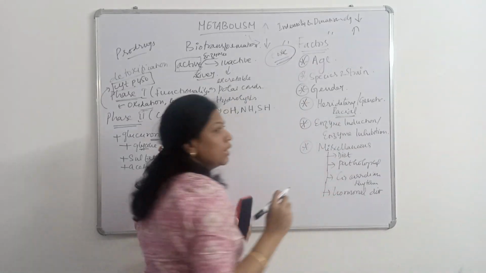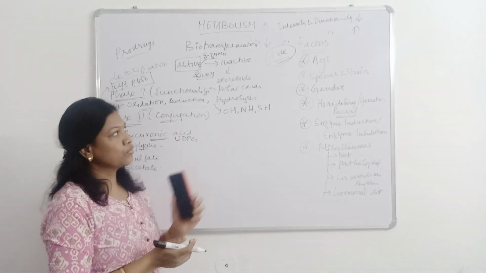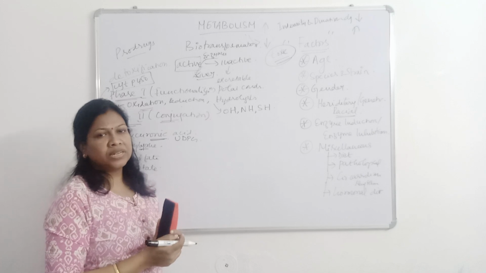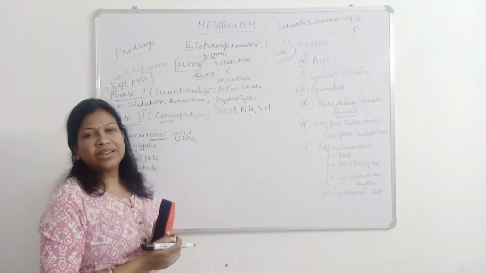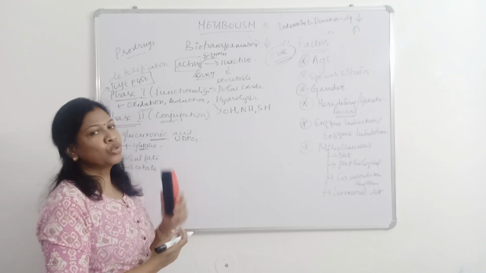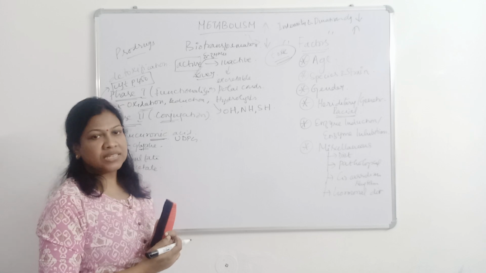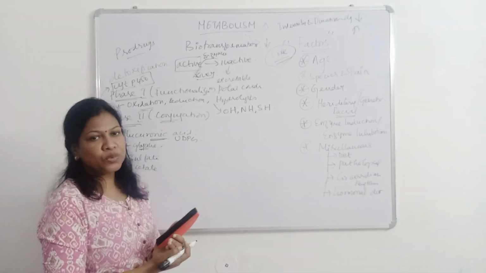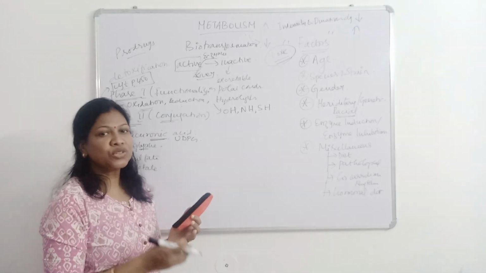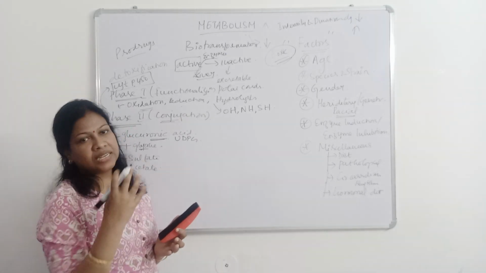So let me explain the different factors, how they are going to affect the metabolism of drugs. First is age. We know already the newborn will have deficiency in both oxidative as well as glucuronide conjugative enzymes. All the enzymes responsible for mainly the oxidative reactions, and also the glucuronide conjugative enzymes, will be deficient in the case of a newborn.